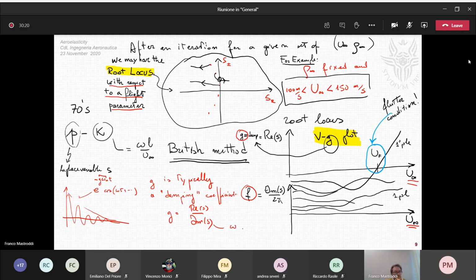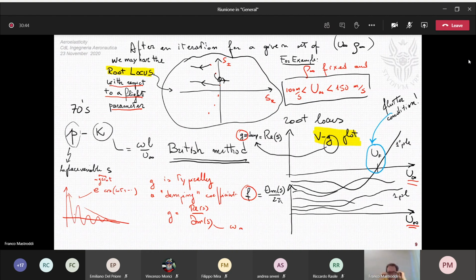Okay, so this g is relevant in vibration, because what is important in vibration is not the absolute value of the real part of the poles, but the ratio between this and the imaginary part.